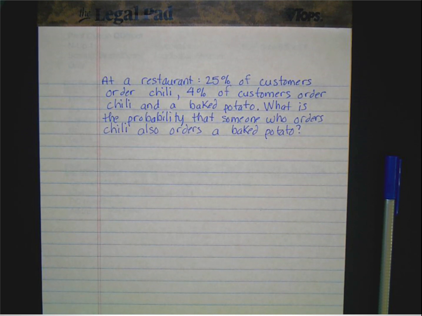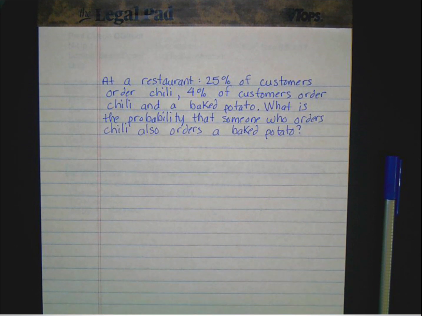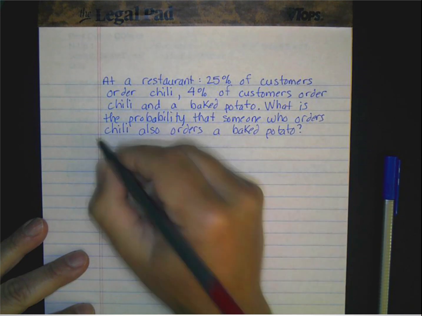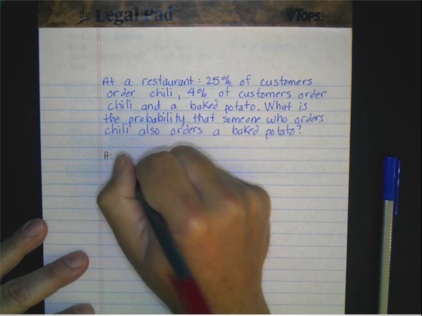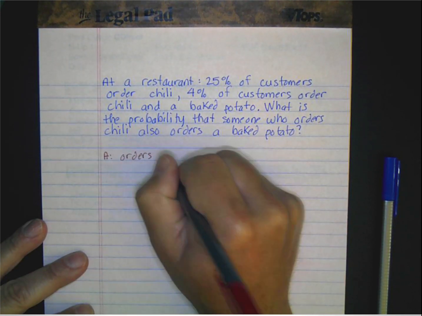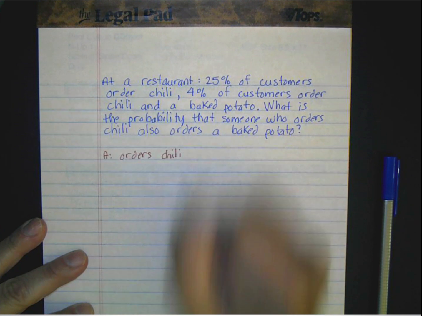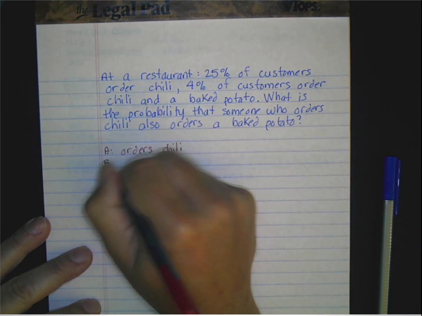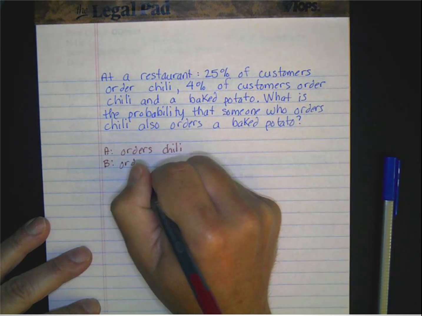All right, if we break these down to make it a little simpler, we can say A is that a customer orders chili, and B is orders a baked potato.